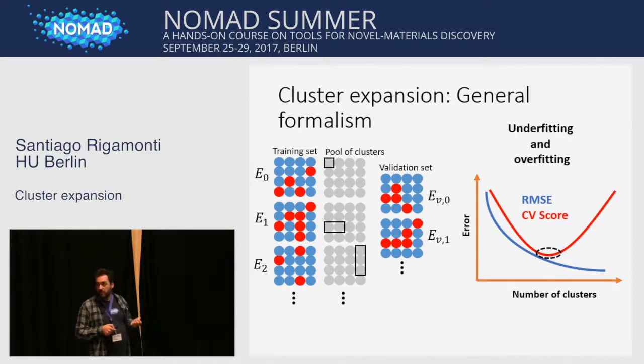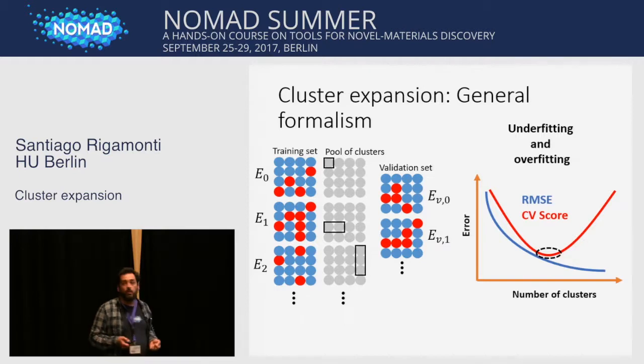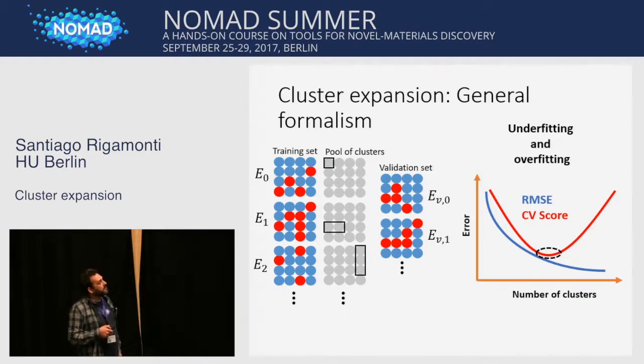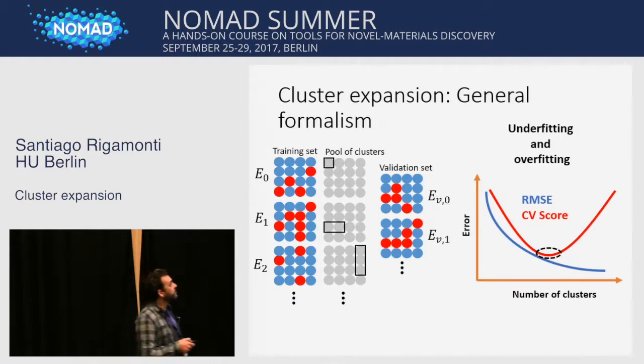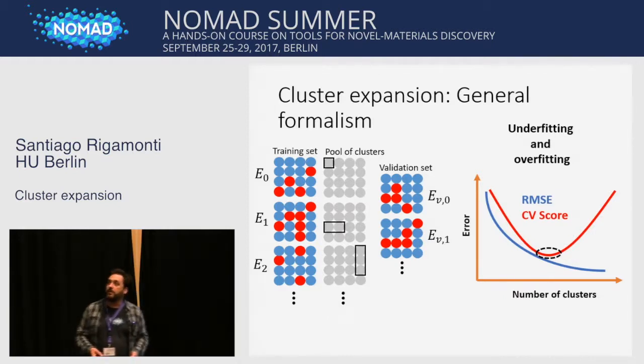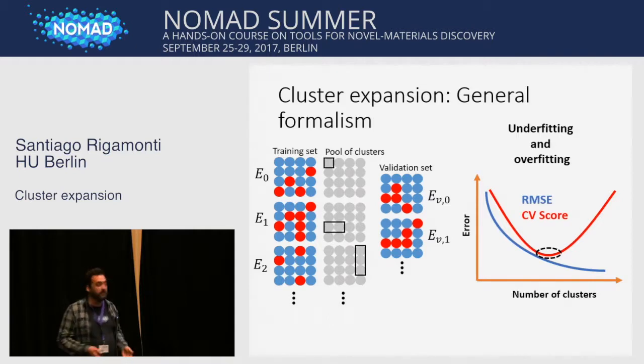This cross-validation score, that is the error of the predictions, can detect what is called overfitting. If we have a small number of clusters, the root mean square error will be high because the fitting is not good. We have a small number of parameters, and also the cross-validation score. If we increase the number of clusters, the root mean square error will go down and down and down because our model has more and more parameters, so we can fit better and better.